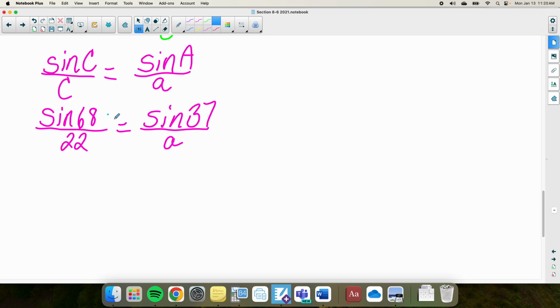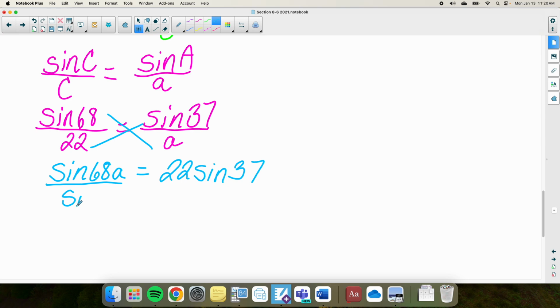So I'm going to multiply here, and I get sine 68a equals, then I'm going to multiply here, 22 sine of 37. Now, that's sine of 68 times a, so we're going to divide by sine of 68.